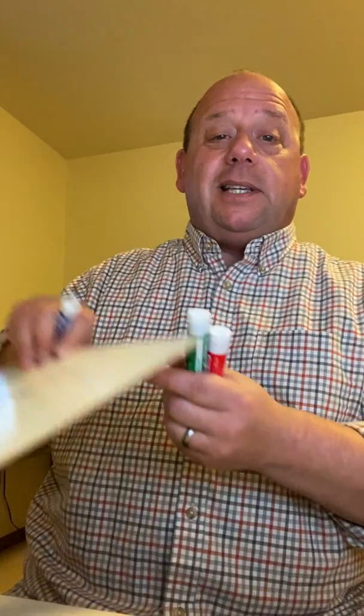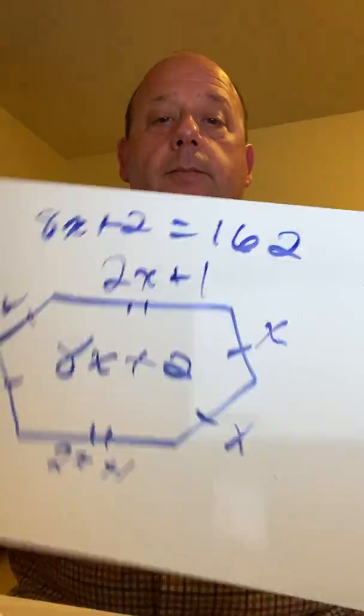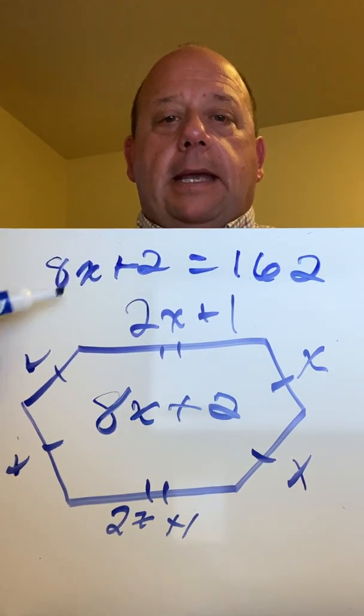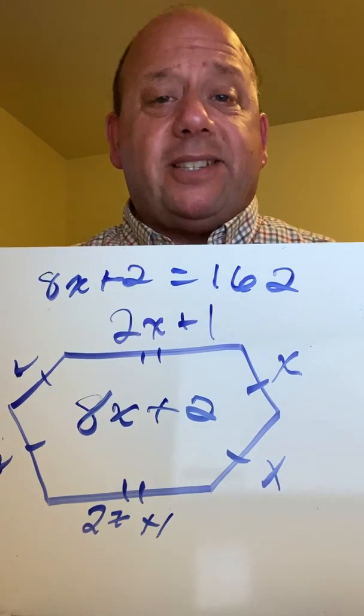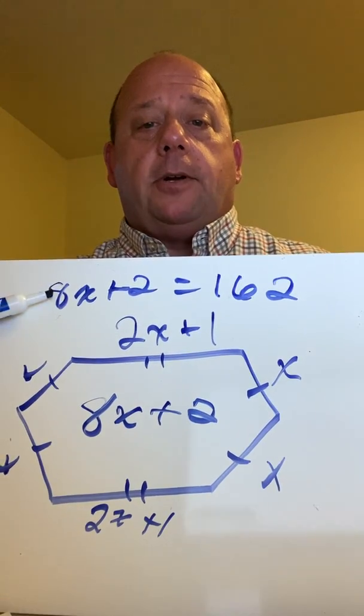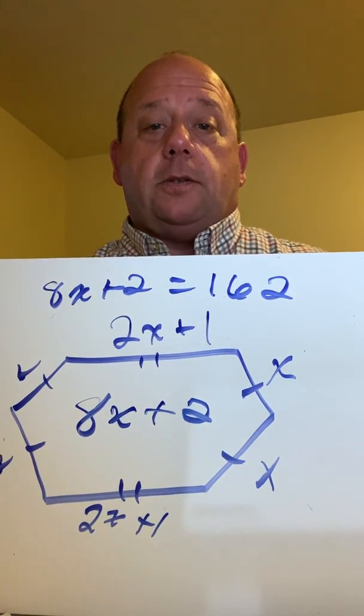It tells us in the problem that the perimeter is 162. So 8x plus 2 is equal to 162. That's all you have to do, is set the perimeter equal to what they tell you the perimeter is.